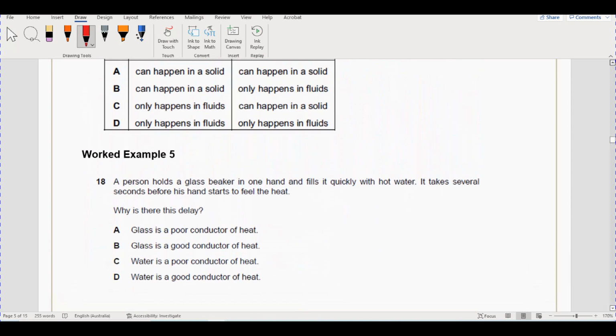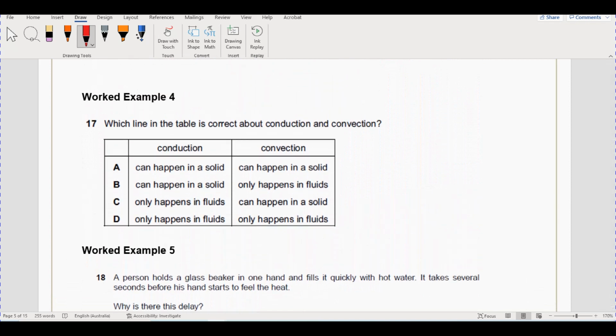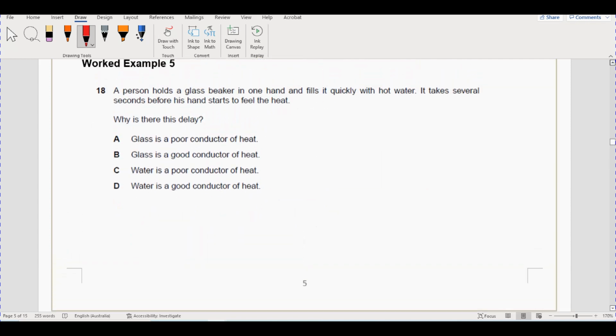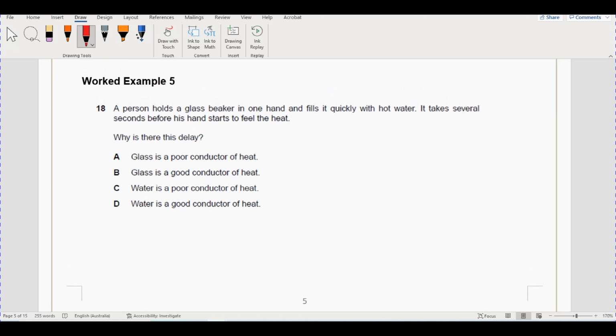Okay, so this example involves convection, which we haven't discussed, so let me skip this one at the moment. We go to example 5.